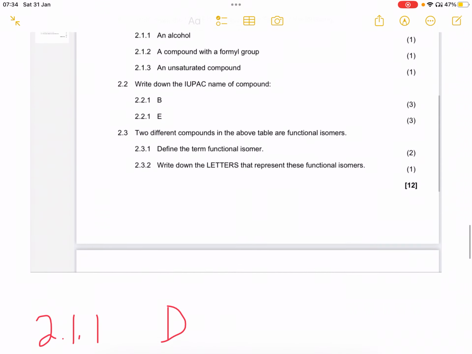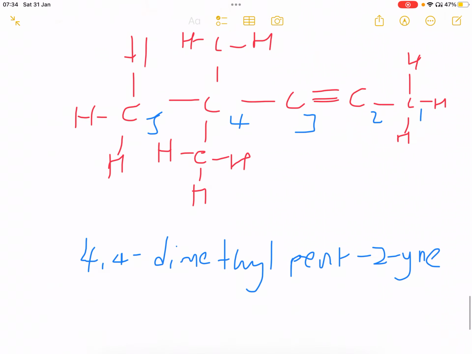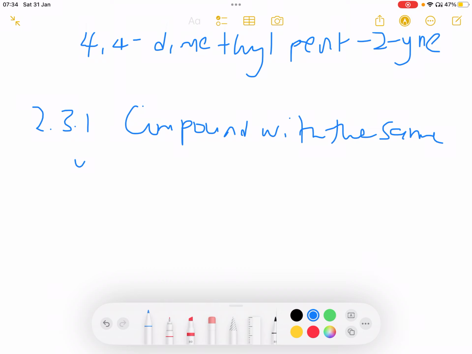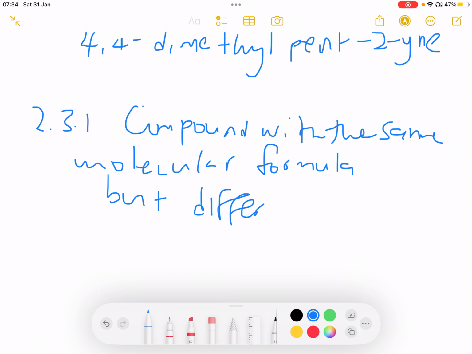Then 2.3.1, define the term functional isomer. What is a functional isomer? There's a compound with the same molecular formula but different functional group or different homologous series.